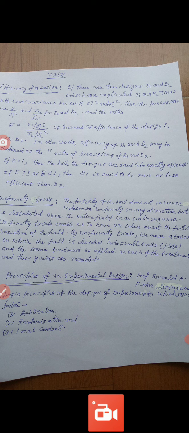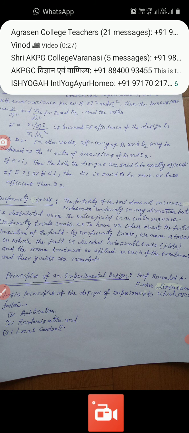The uniformity trials enable us to have an idea about the fertility variation of the field.